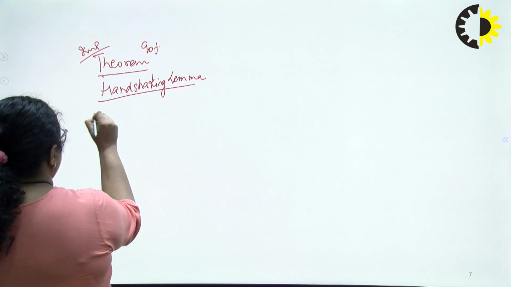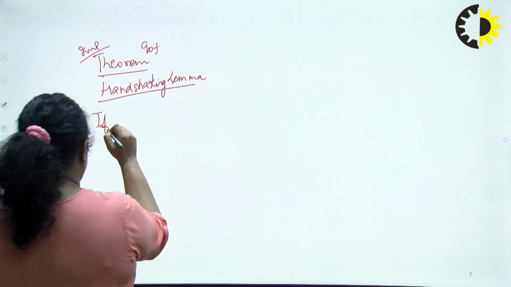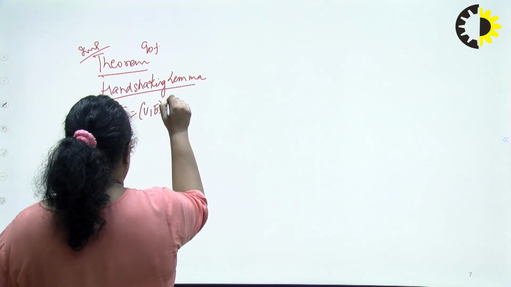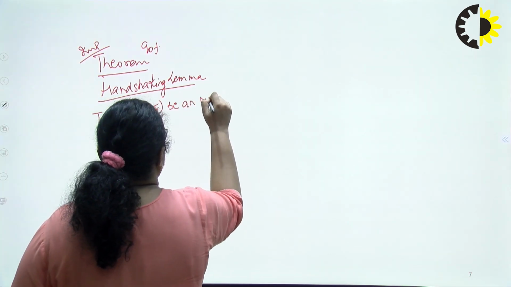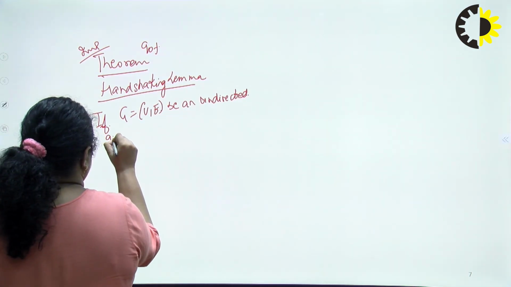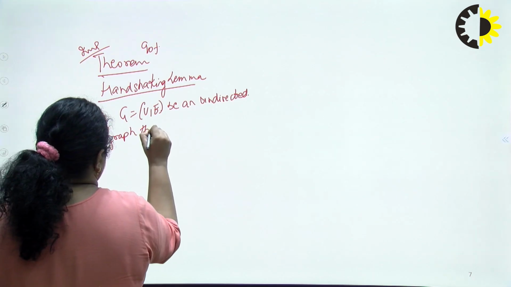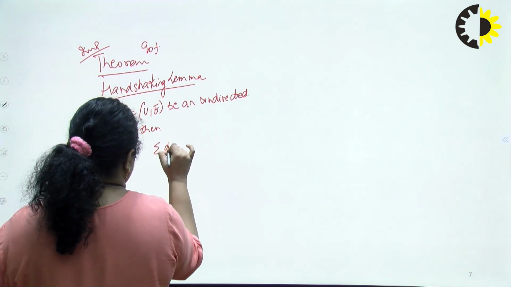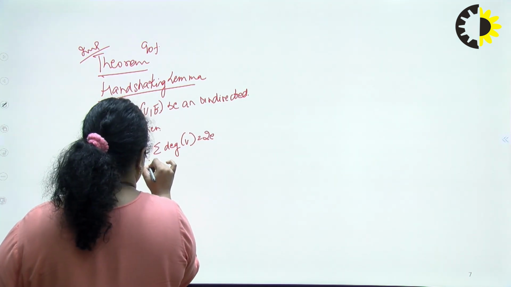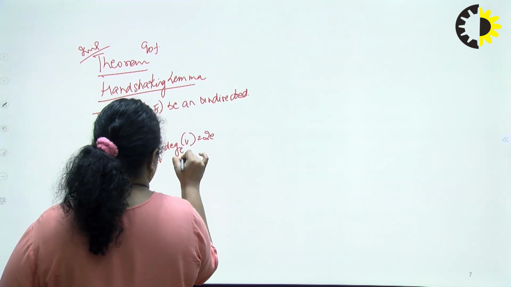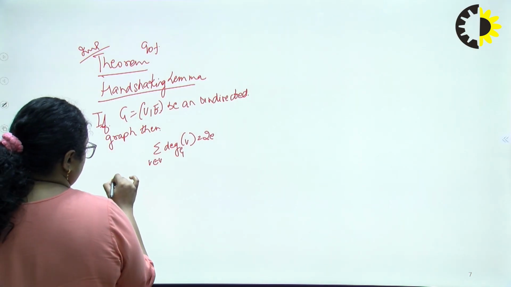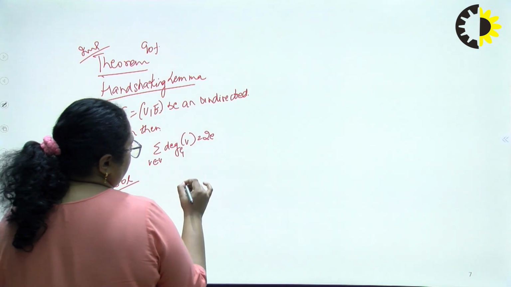The statement of the theorem is: the sum of the degrees of the vertices of a graph is twice the number of edges.